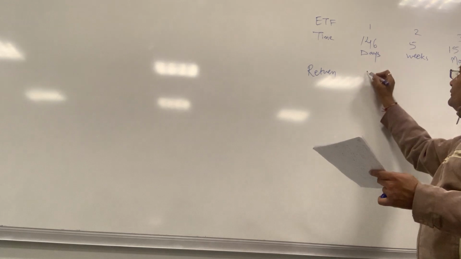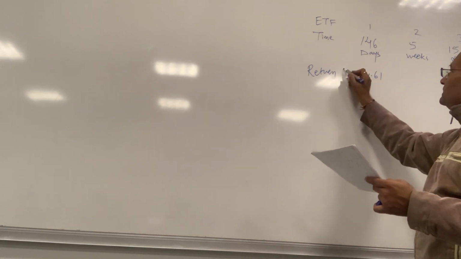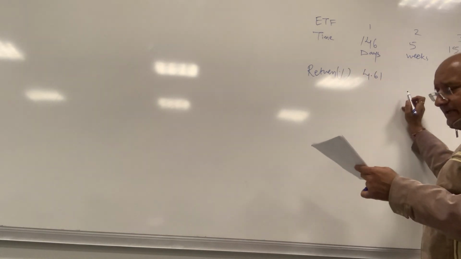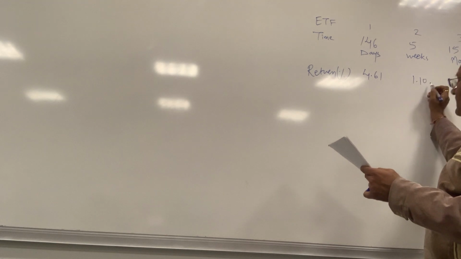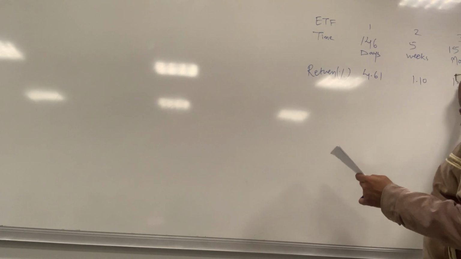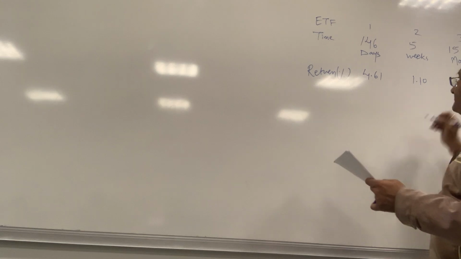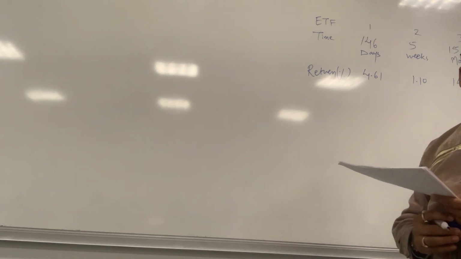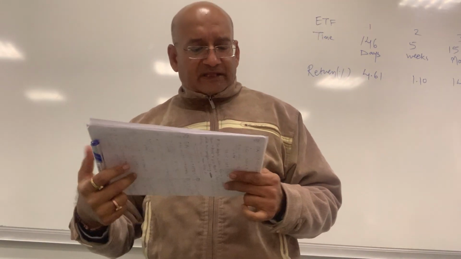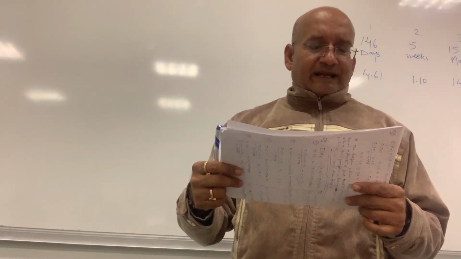All the returns are in terms of percentage: 4.61, 1.10 and 14.35. This information is given and they are asking us to calculate which ETF has the highest annualized rate of return.